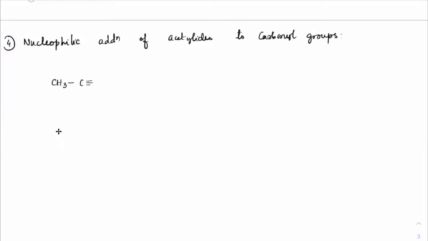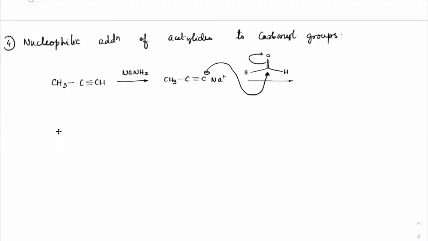CH3, C triple bond CH. When we treat with NaNH2, acid-base reaction will take place because it is at the terminal position. So you'll get C triple bond C minus Na plus. And if we treat this with any aldehyde or ketone, I'm taking the smallest carbonyl group, which is formaldehyde, H and H. Then the C minus will attack this carbon as a nucleophile. So nucleophilic addition will take place.